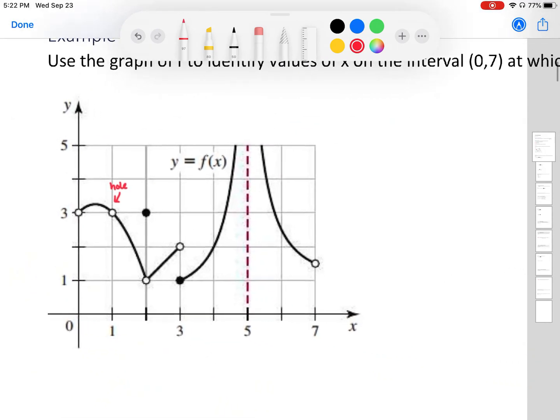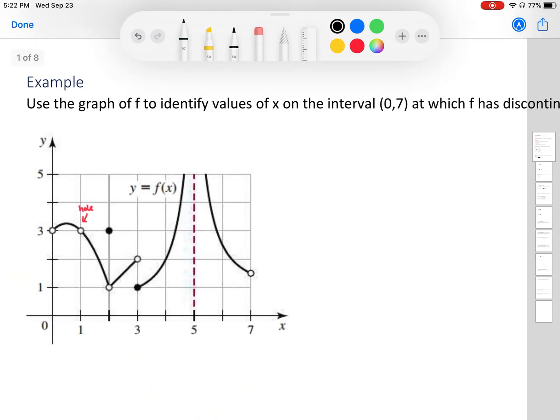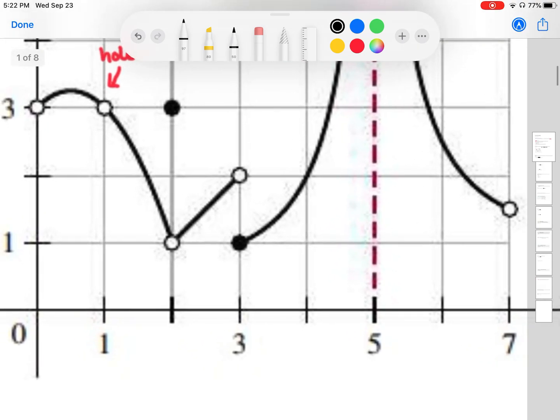So we can say something like f of 1 is not defined, meaning we have a hole. Let's take a look at what's going on at 2. As we look at 2, we see that we have a hole and we have a value.